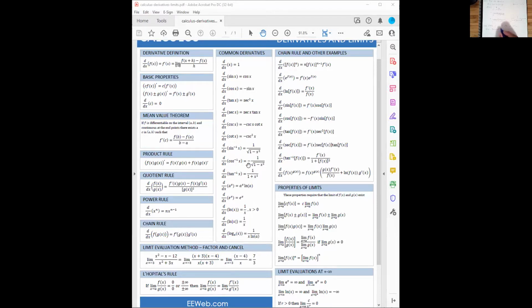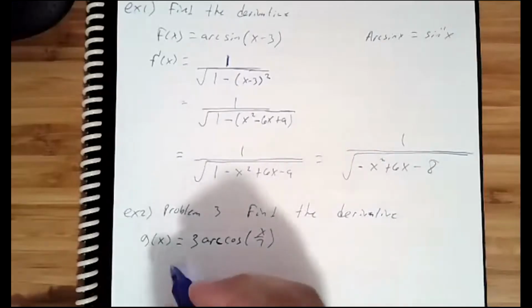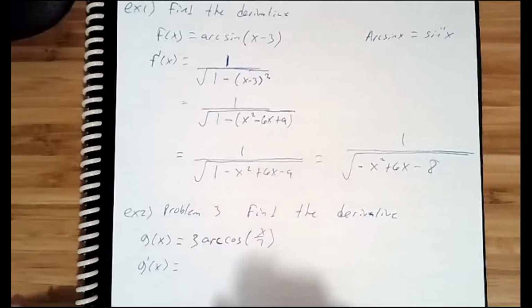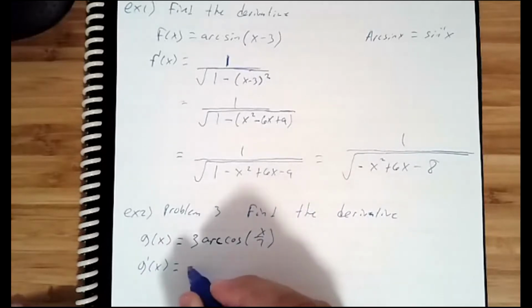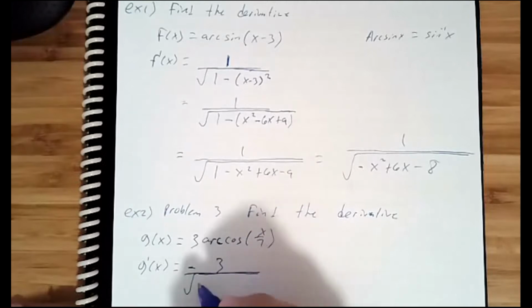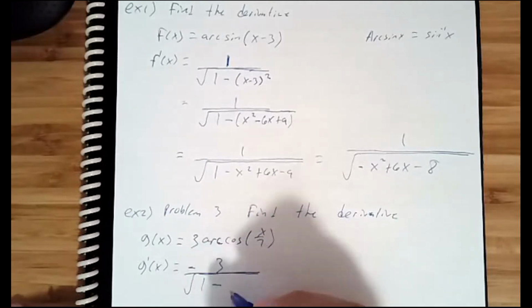And our x is going to be x over 7. So the derivative is 1 minus x over 7 squared.